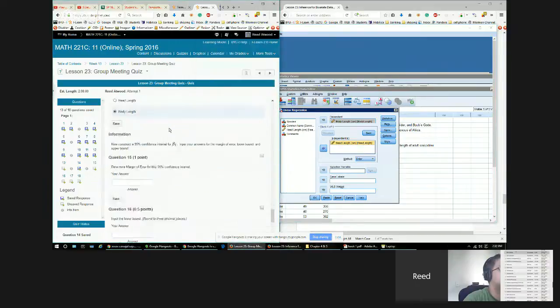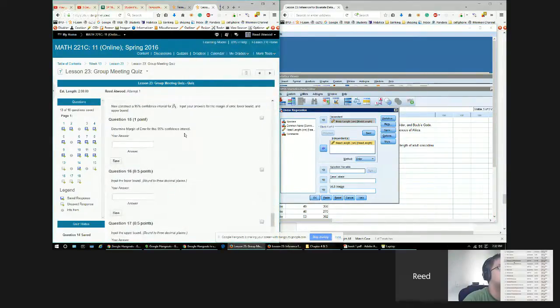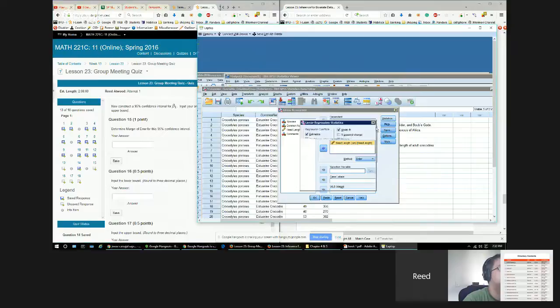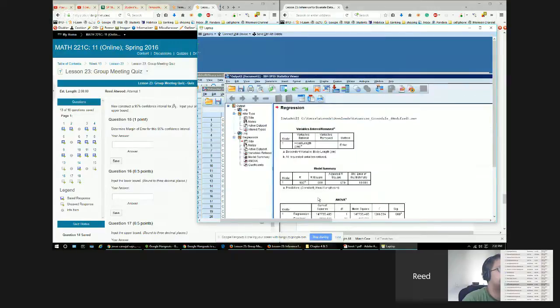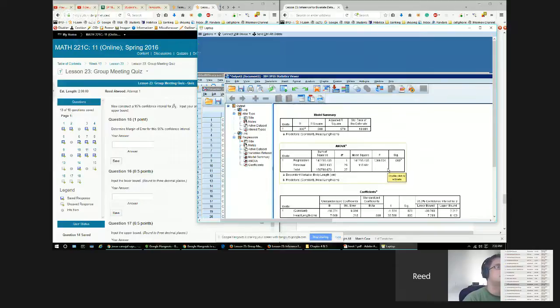What's the name of the file again? Extra what? Extra crocodile modified, Estuarine crocodile or something like that. It's like the first E one.